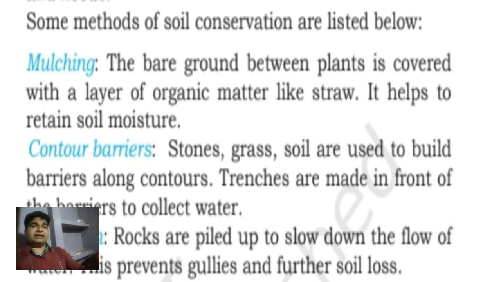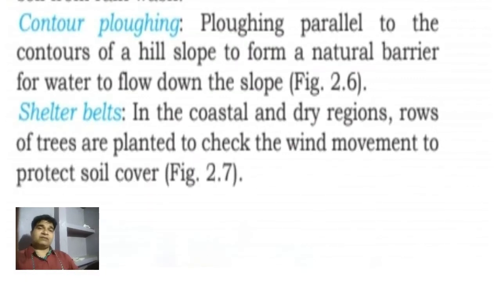You might have seen in the fields, all the boundary is raised, raised means utha hua. So if you are filling the water there, the water does not flow out, because you have made some boundaries at the corner, at the side, so that the water may not flow out.